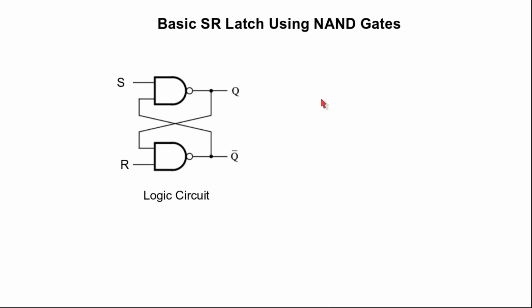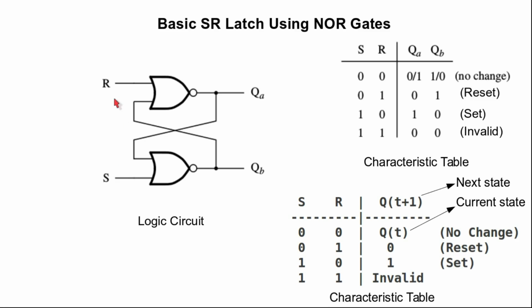Now here is a basic SR latch using NAND gate. So instead of NOR gate, we are now using NAND gate, and we call the outputs Q and Q prime. But now the positions of the two inputs are interchanged. If you look at the basic SR latch using NOR gate, R is connected to the NOR gate whose output we call Q, and S is connected to the NOR gate whose output is Q prime.